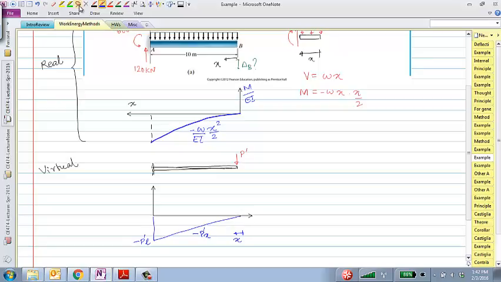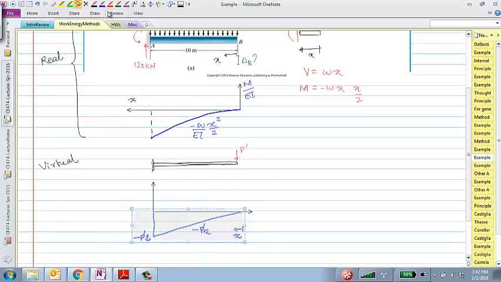So I now have the real bending moment diagram and the virtual bending moment diagram. And just to be consistent, I'll draw the virtual bending moment diagram in red.